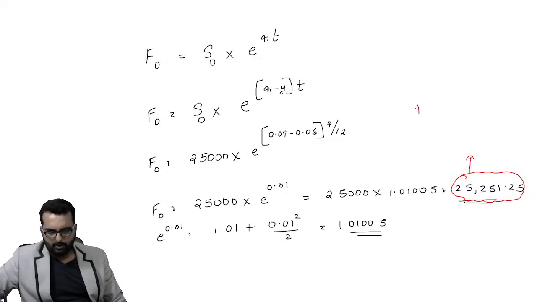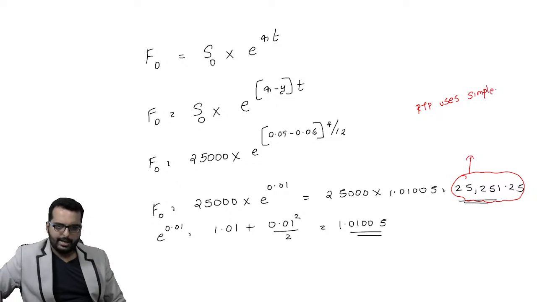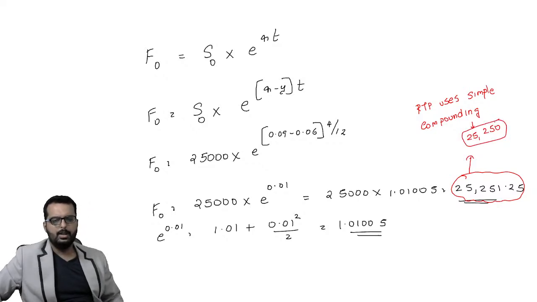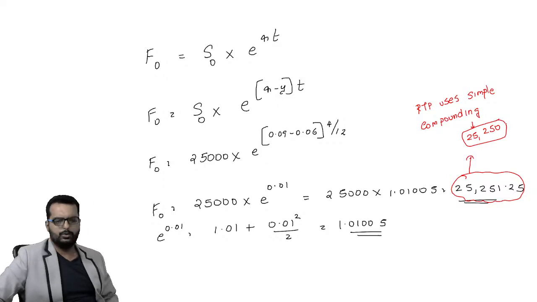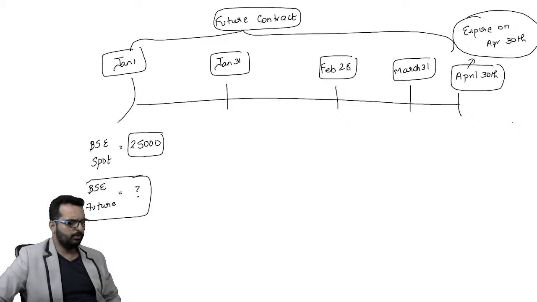I'll just give you a note here also. RTP uses simple compounding. Ideally, it should be continuous compounding only. If you use simple compounding, your answer is going to be 25,250. A little bit of deviation is there from the correct answer that we have got over here. Please write down this in your books now.